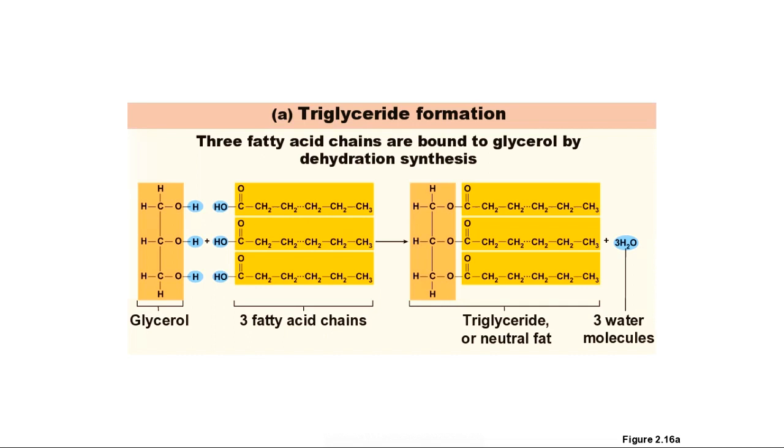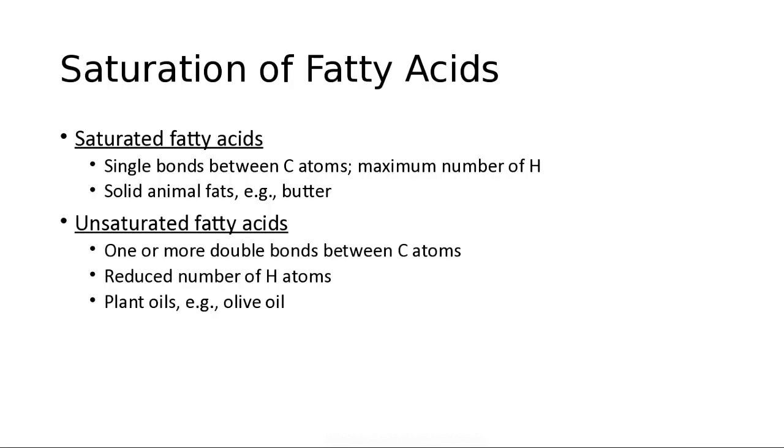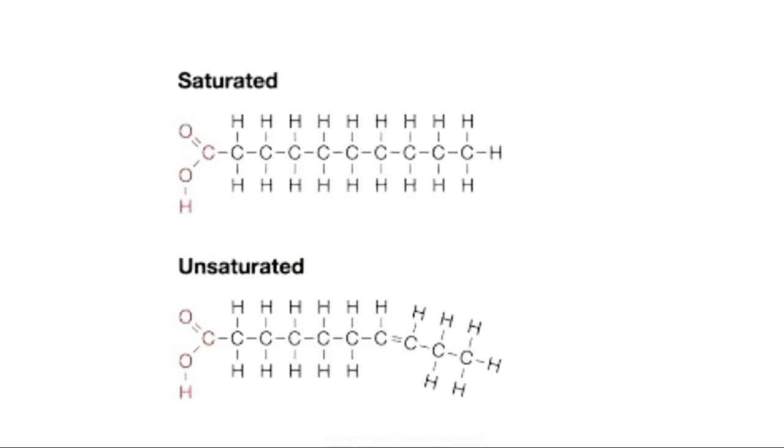And here you have a glycerol, 3 fatty acids. They're bound together and you get 3 molecules of water. Okay, saturated versus unsaturated fats. I have a picture here of a saturated fat. Every bond is a single bond between the carbons, and you have all the hydrogens you can get.